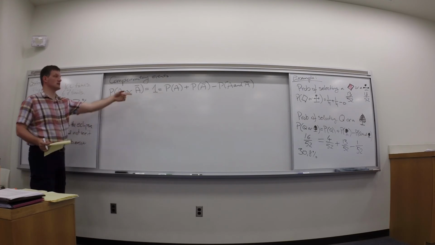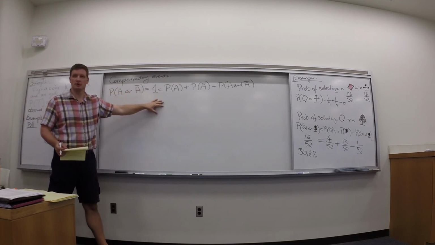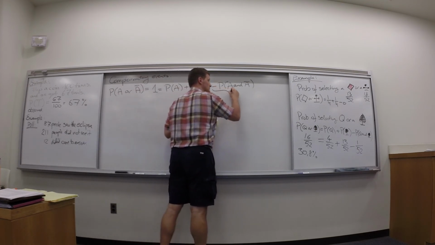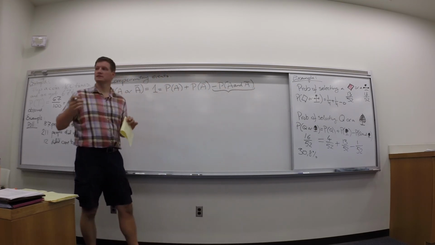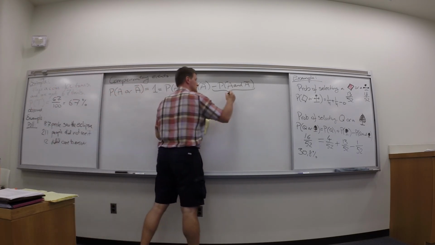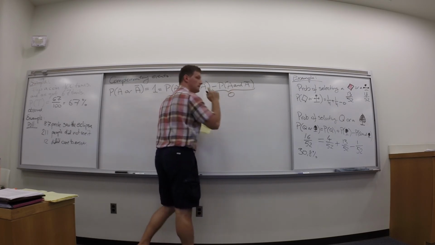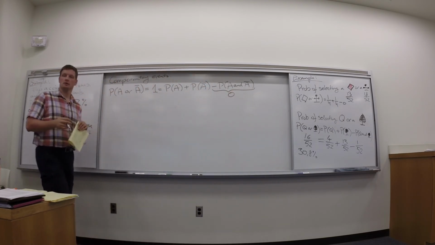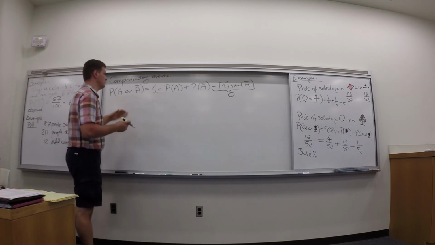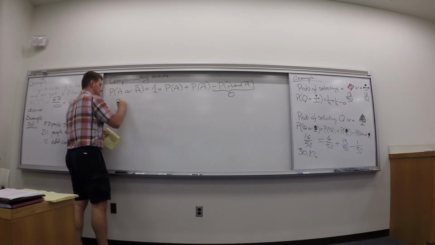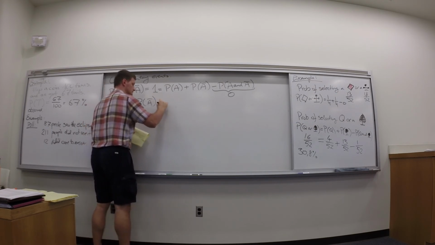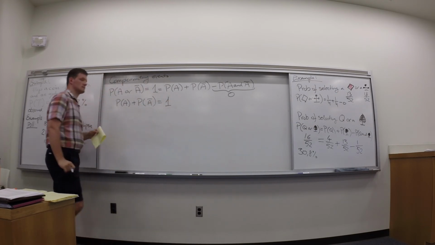I'm just writing this out. We know it's 1. I told you it's 1. If I write it out, this should strike you as interesting. The complements are mutually exclusive. If they are mutually exclusive, then this is 0. It's an empty set, because they don't overlap. So we come back to that.